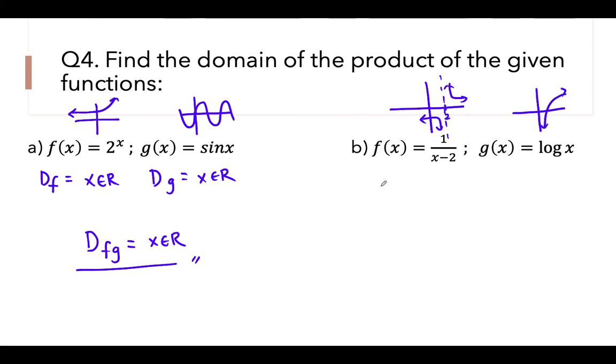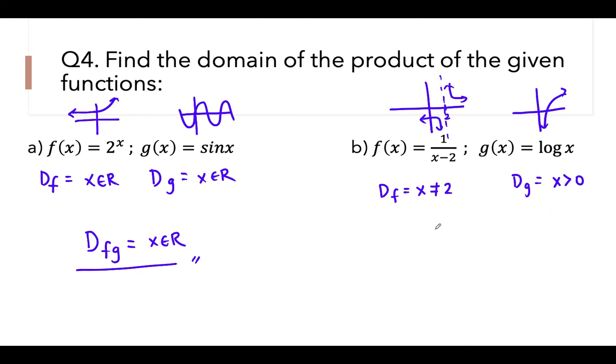So the domain for function f is x can be any real number, but x cannot be equal to 2. And for g of x, x can be any real number, but x has to be greater than 0.